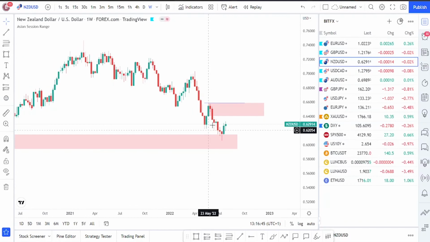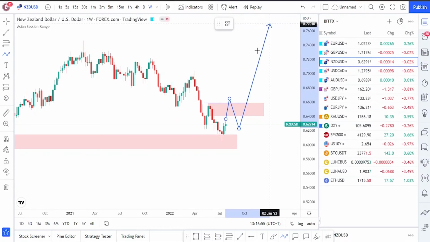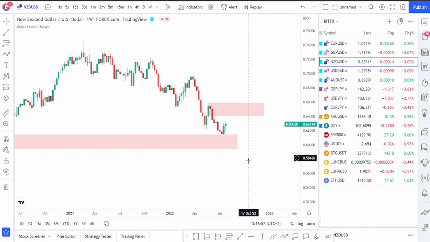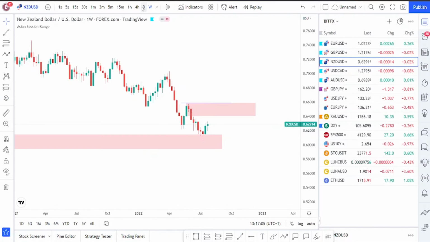So either the market goes up, breaks this high, comes back down and goes bullish, possibility number 1. Or the market taps into the zone and then continues downwards. So these are the two possibilities for NZD/USD.